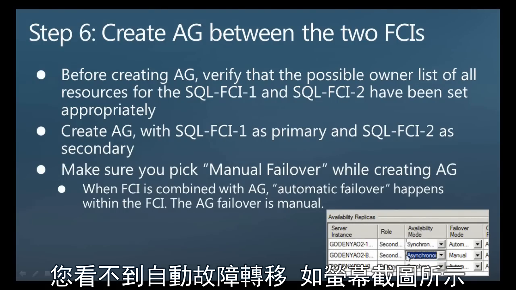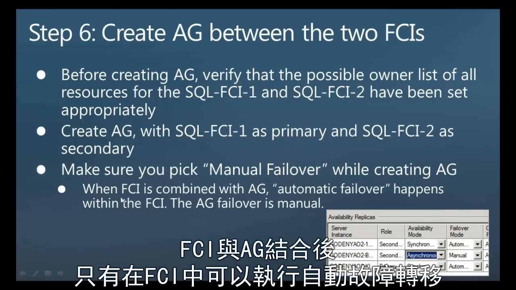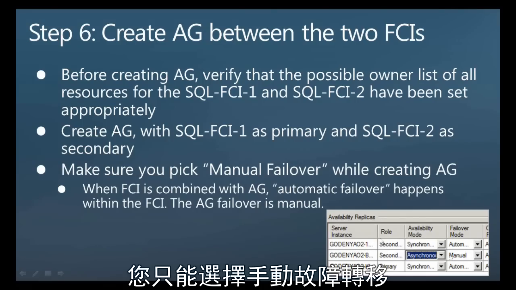You will not be able to see automatic failover, as you can see here in the screenshot, which I copied from standalone instances. By design, when an FCI is combined within an AG, automatic failover will only happen within the FCI. So from the AG level, there's no automatic failover. There's only manual failover you can choose.